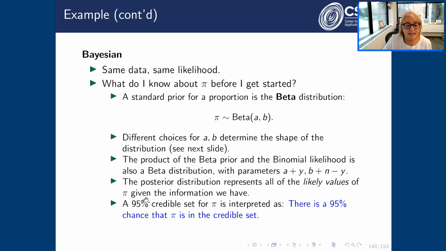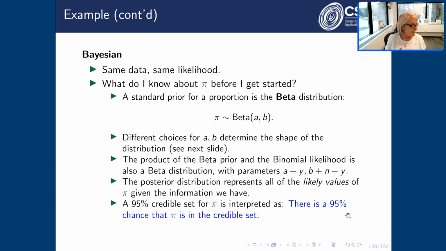The equivalent to a confidence interval in the Bayesian world is called a credible set. And a credible set for pi is interpreted the way you want to interpret it. It says there's a 95% chance that pi is in this credible set.